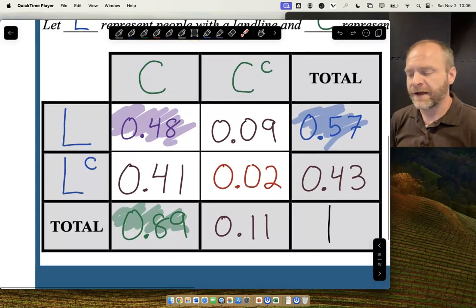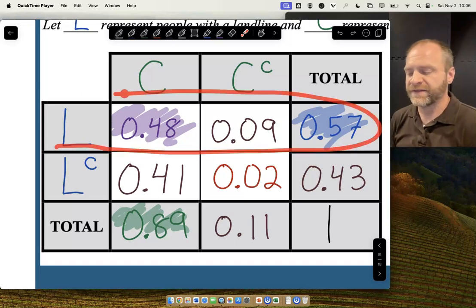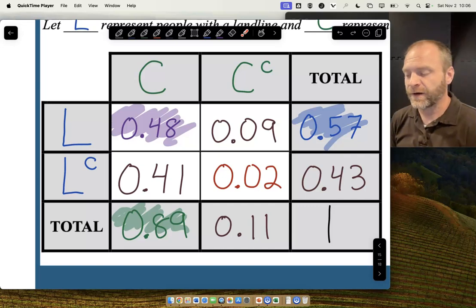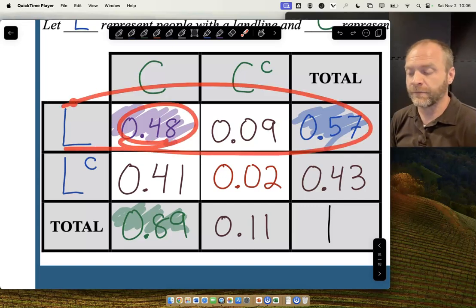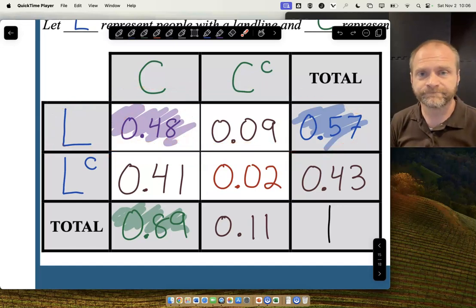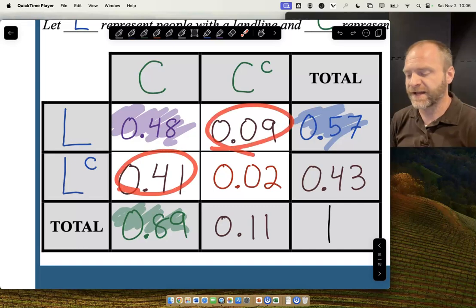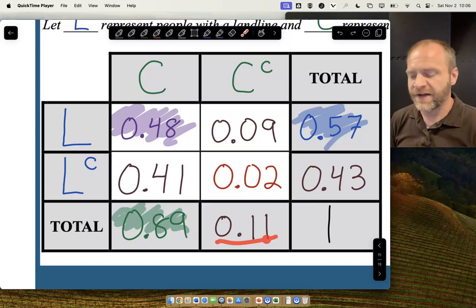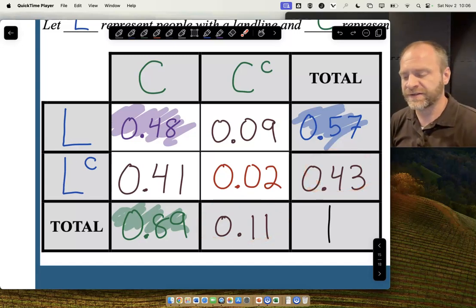And it's the same right here. I know 57% have a landline. Of that 57%, 48 have both with the cell phone, so I can find that 0.09 by subtracting. And then I now know this, this, and this, so I can figure out how to get that 0.02. And that allows me to fill in all the information in this table.